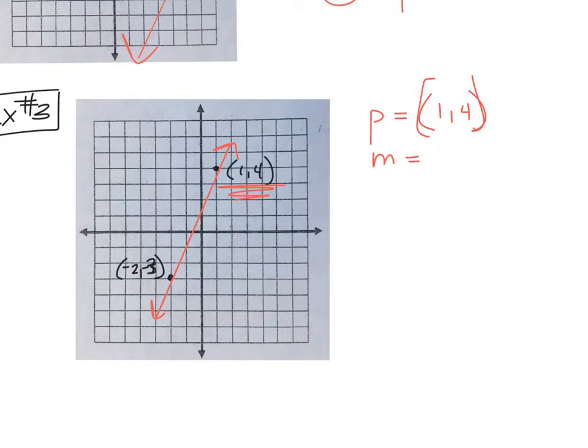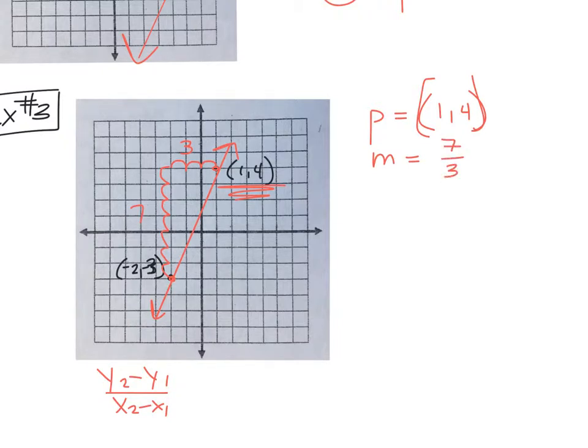If you use the 2 points, that's where we do y2 minus y1 over x2 minus x1. When they give you a graph like this, I think it's way easier to not do that and just count it. Because basically what you're saying is from left to right, I'm going 1, 2, 3, 4, 5, 6, 7 up, 1, 2, 3 over. So my slope is 7 over 3.